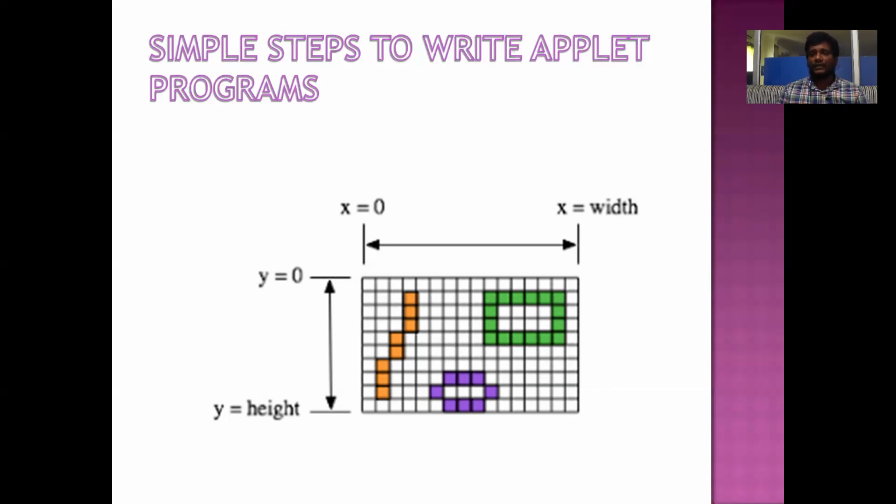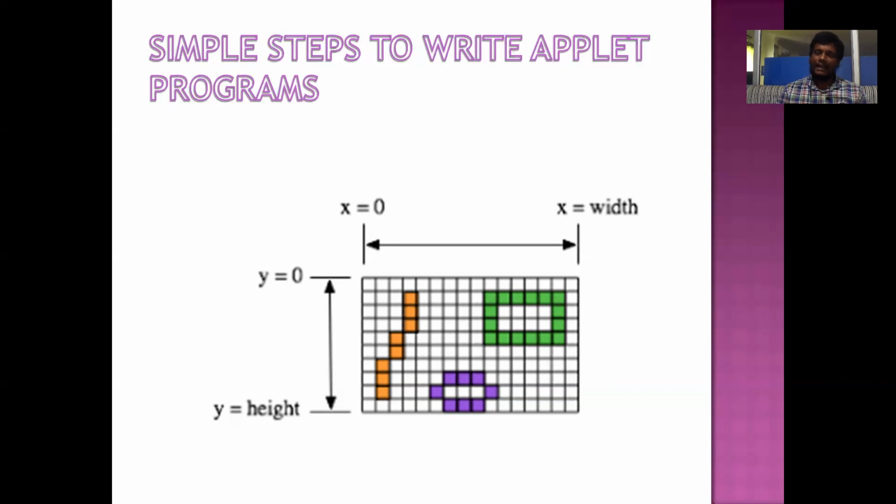It is quite different from the normal XY axis, XYZ axis. In normal XY axis, while we are dealing with two dimensions, we use X and Y, and while dealing with three dimensions, we use X, Y and Z. Normally, we consider 0, 0 at the bottom left.